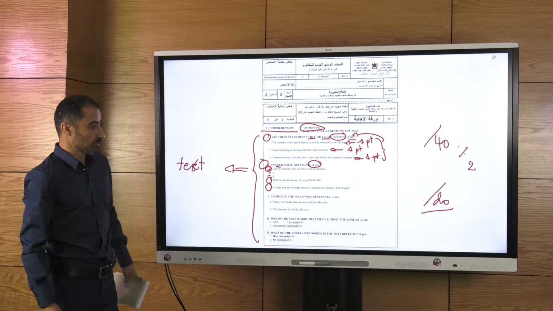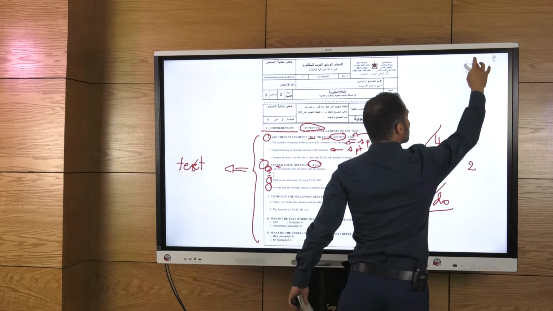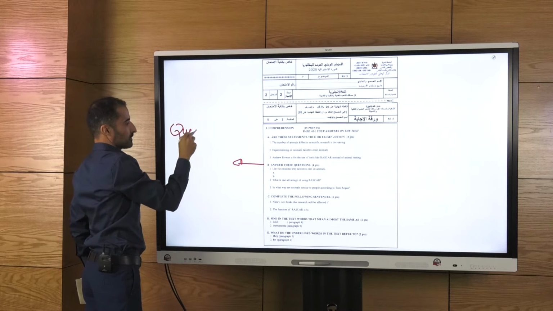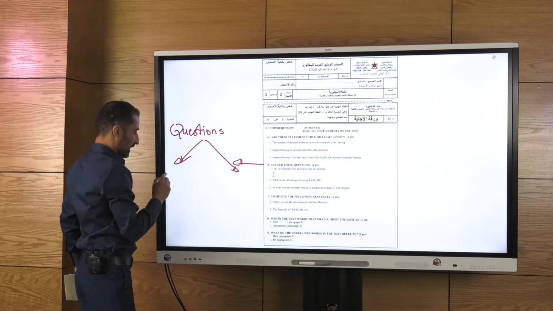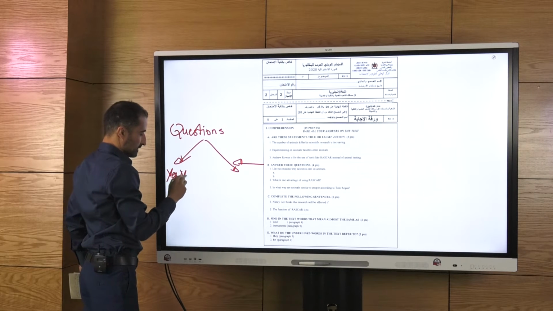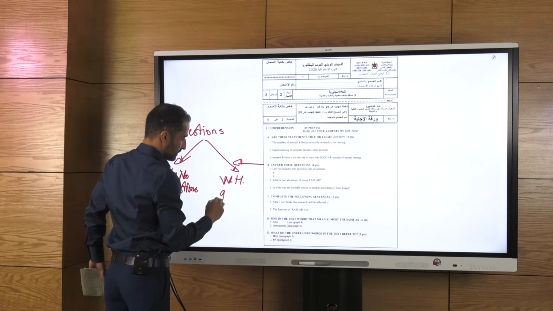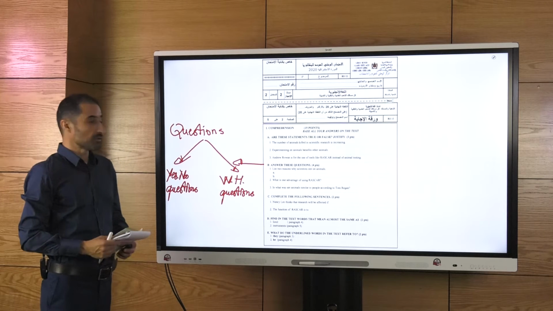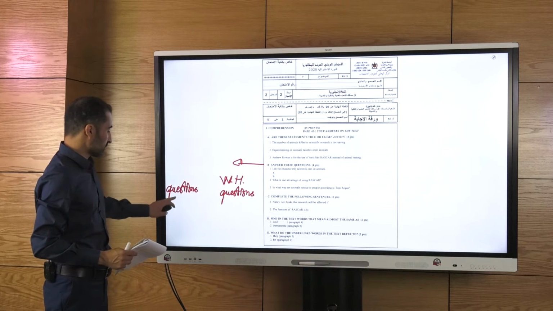So in this rubric of questions, you are supposed to have either yes, no questions or WH questions, and I'm sure that you know how to answer yes, no questions and WH questions.